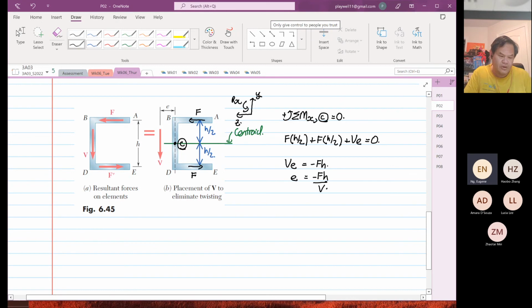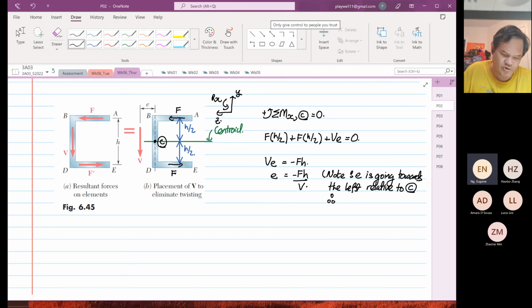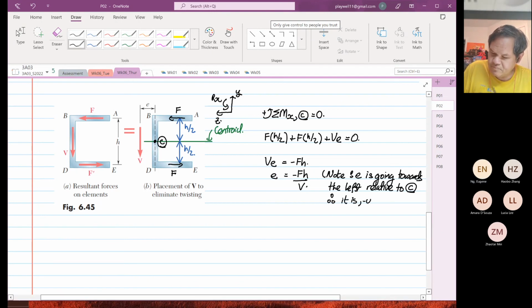So what you realize is, note that E is going towards the left relative to point C. Usually right is positive, left is negative, so therefore it is negative.